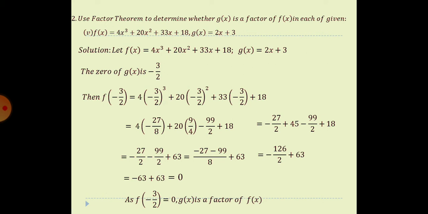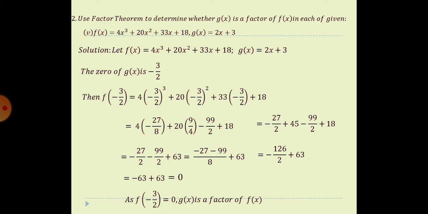So, what is the 0 of g(x) or the divisor? That is minus 3 by 2. Now find out the value of f(minus 3 by 2), as we are finding the remainder. 4 into minus 3 by 2 whole cube plus 20 into minus 3 by 2 whole square plus 33 into minus 3 by 2 plus 18.